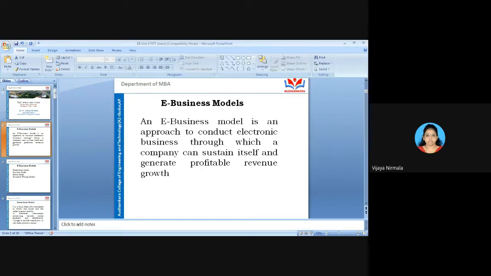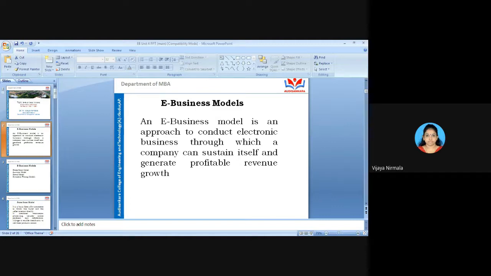That is, an e-business model is like any business model. It describes how a company functions, how it provides a product or a service, and how it generates revenue. It also tells how it will create and adapt to new markets and technologies.